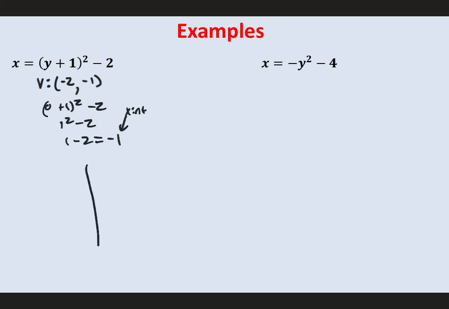So we draw our graph. Okay, our first point is going to be at negative 2, negative 1. Right, we can go ahead and put our first point here. This is our vertex for our sideways parabola. Okay, our a value in front is positive, so we know it's going to go to the right. I kind of think I forgot to say that on the slide. So the value in front determines positive right versus negative left. And then we know our x-intercept, right?